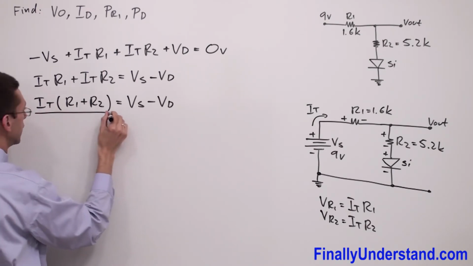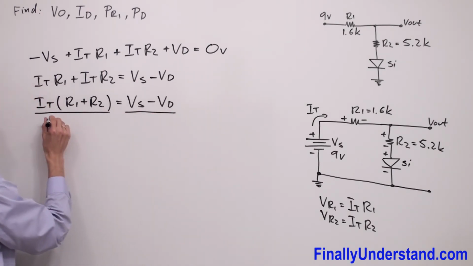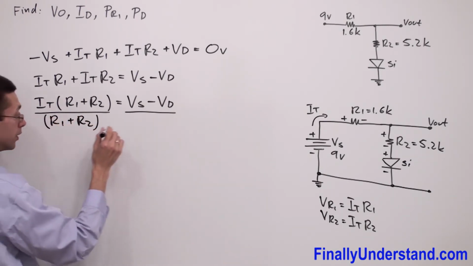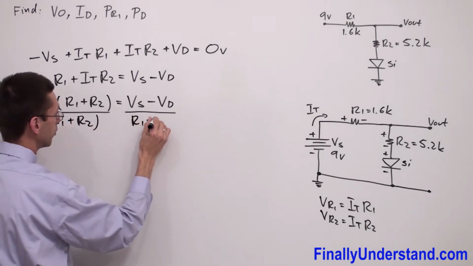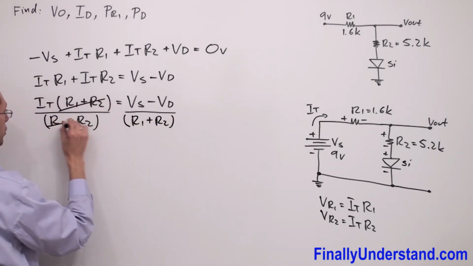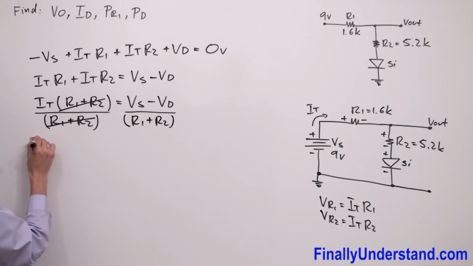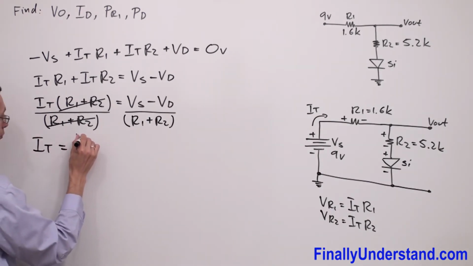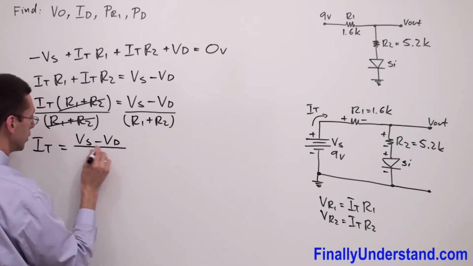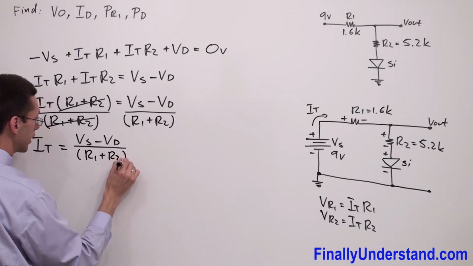That's why I'm going to divide this by R1 plus R2, and I have R1 plus R2. Parentheses are going to cancel out, and I have I total is equal voltage source minus voltage across the diode over R1 plus R2.